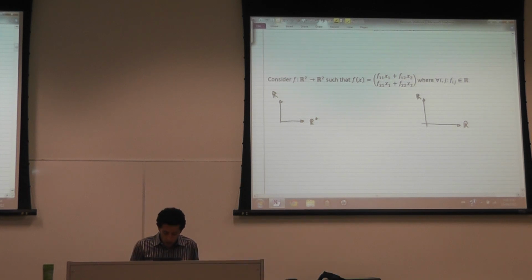Such that, these are vectors v and u, and I have any other vector x.